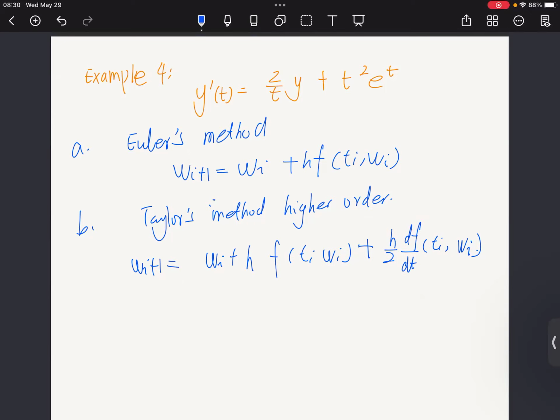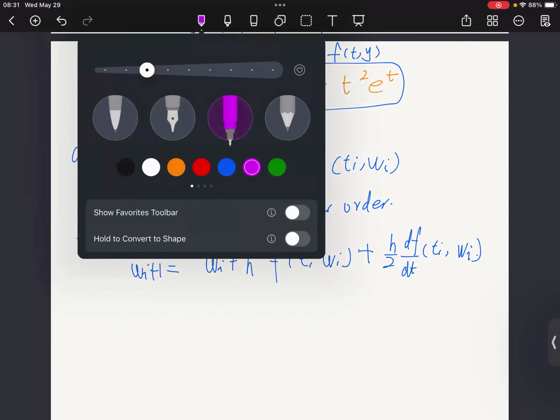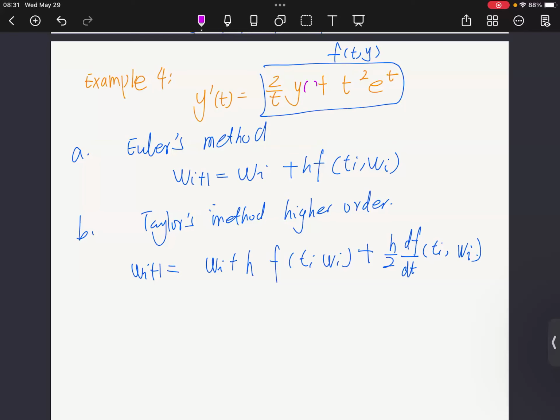Now if we want to get the derivative of the f function, which is a function of t and y, with respect to the t variable, this is how I do it. What you need to pay attention to is that y is a function of t.